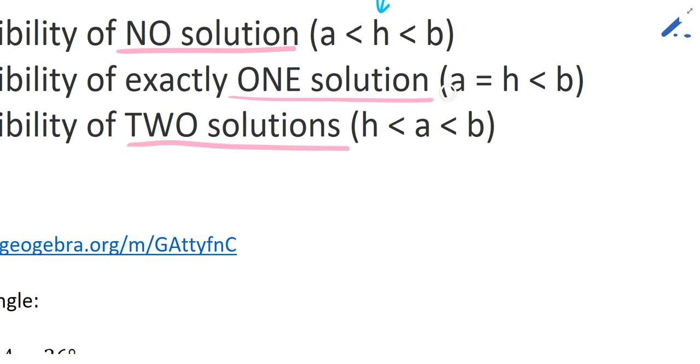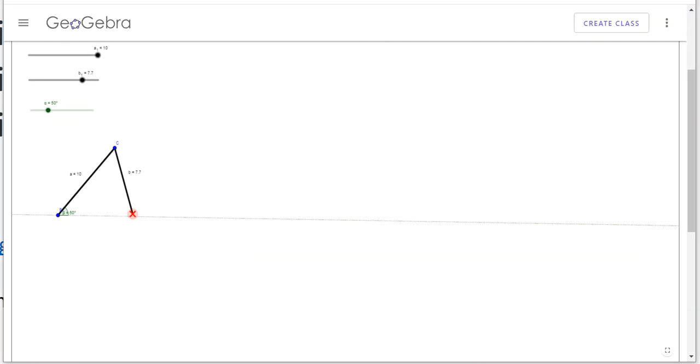And in the third scenario, if side length A and the height of the triangle are the same, and both of those are less than side length B, then essentially what we're doing is we're creating a right triangle. And there's only a single right triangle that meets those criteria of the provided information.